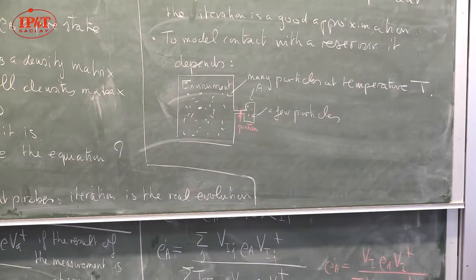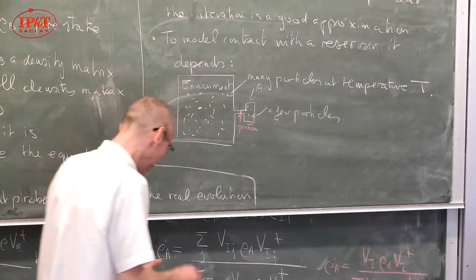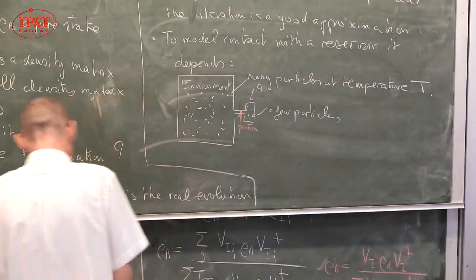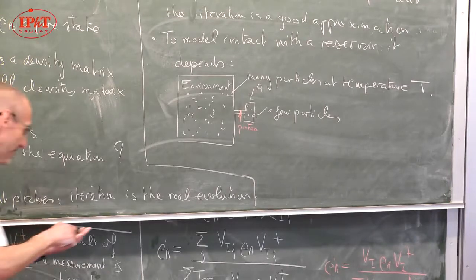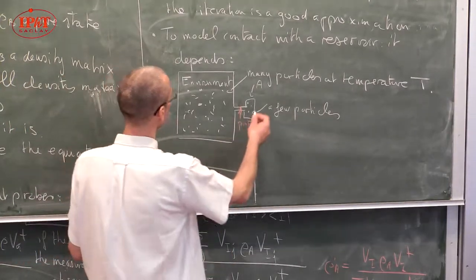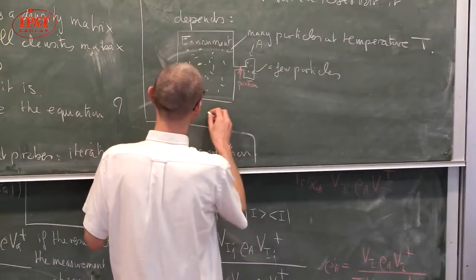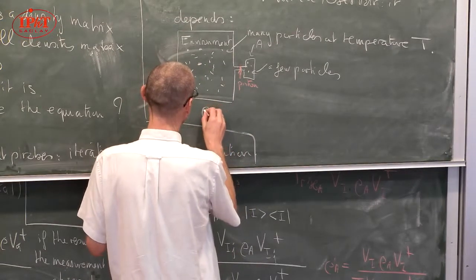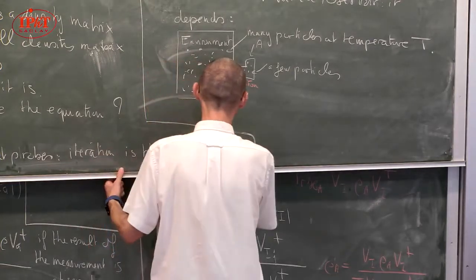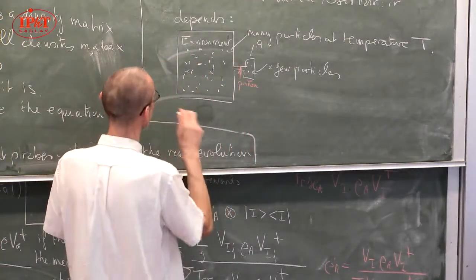See? And now the question is, so what we know is that if we look at the evolution for one time step, this is going to be Markovian. Well, no, we don't have to talk about Markovian, but somehow we know that. So first of all, we have to discuss many assumptions.